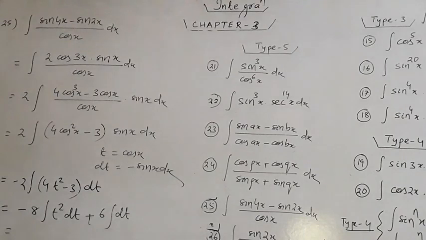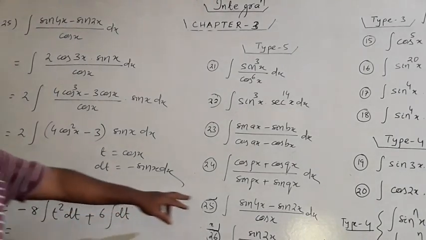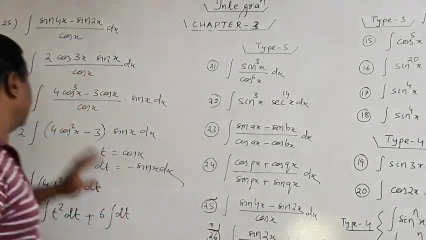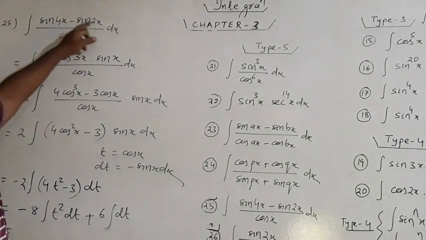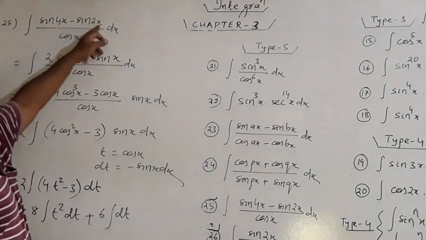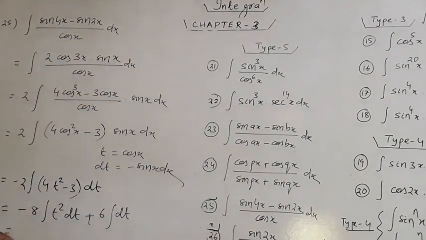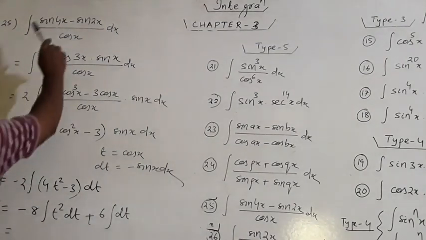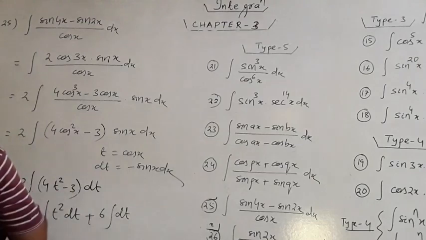In number 25, I am applying sin C minus sin D formula here. It is 2 cos C plus D by 2, that is 3x, 4x plus 2x by 2, that is 3x, into sin 4x minus 2x by 2, that is sin x. Sin C minus sin D formula is applied here. Then cos x. Then look at here.